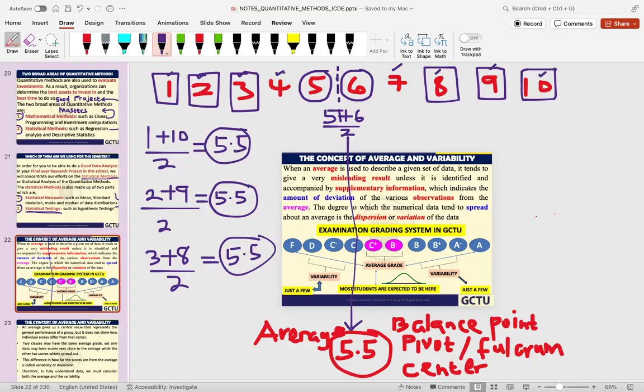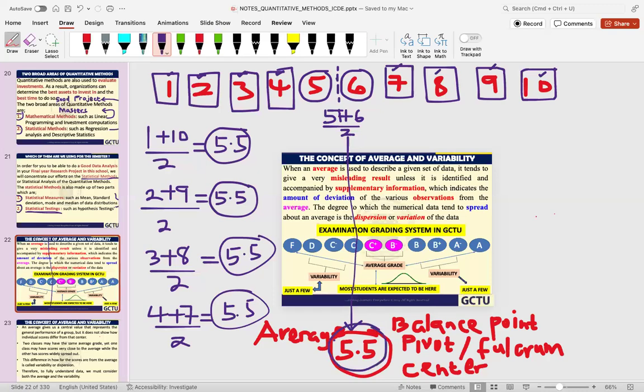The last one, if you pick 4 and then you pick 7 and you put them together and divide by 2, you still come to 5.5. And that is the indication we are having here. That is the meaning of this 5.5.